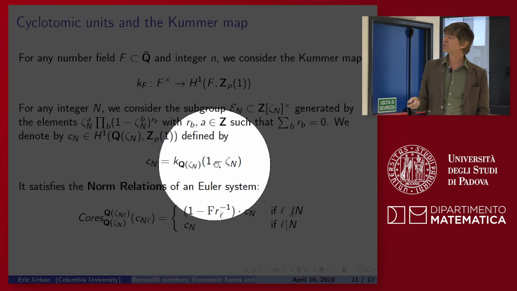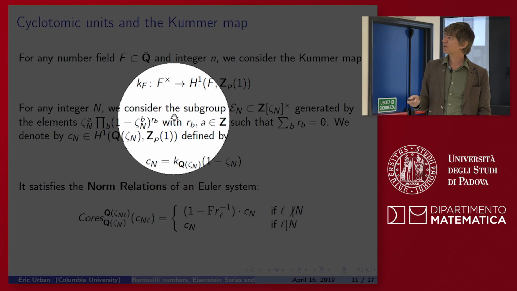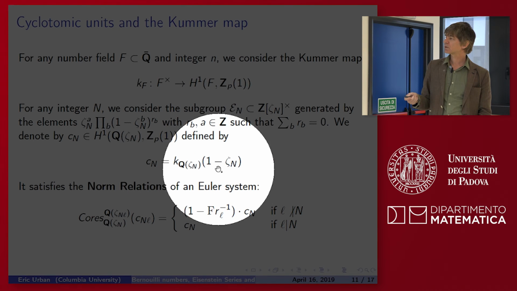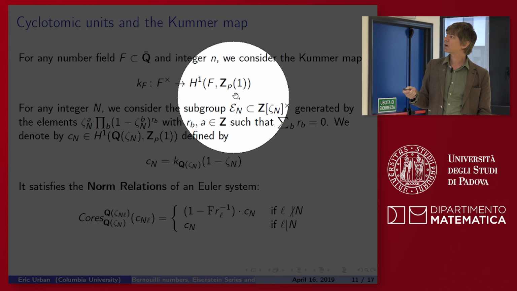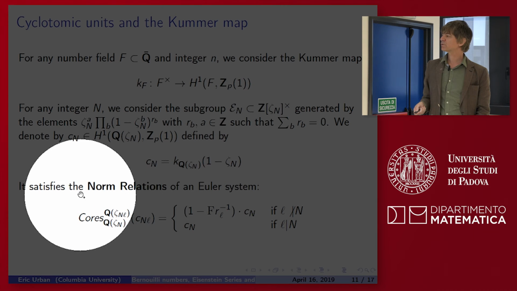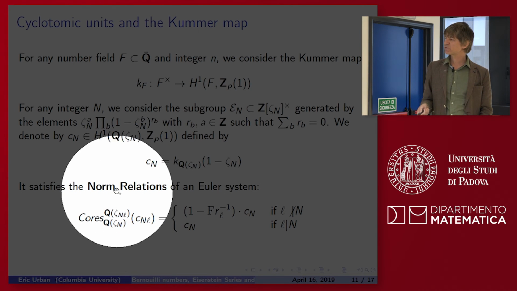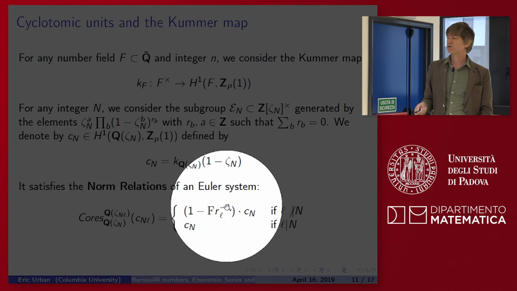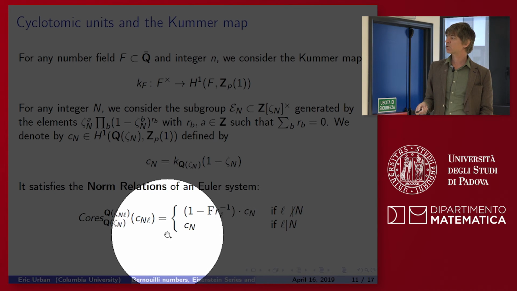Cyclotomic units are important because if you look at their image by this Kummer map, you get an element Cn here that goes in H1 of Q(theta n), Zp of 1. And it satisfies the following norm relation. If you take the corestriction from Q(theta nl) to Q(theta n) of this Cnl, then you have either 1 minus Frobenius l inverse applied to Cn, or Cn.